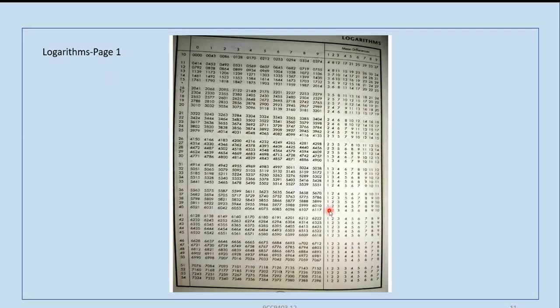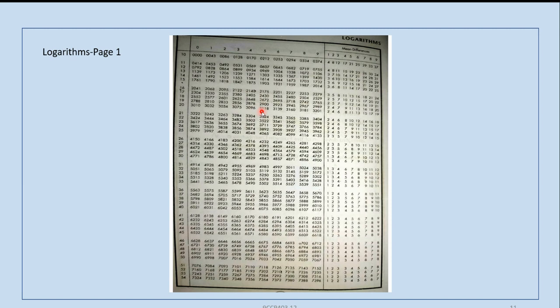So for your benefit, I am giving the logarithm tables and anti-logarithm tables, which are necessary for calculating the geometric mean. You can take help of these tables and calculate.